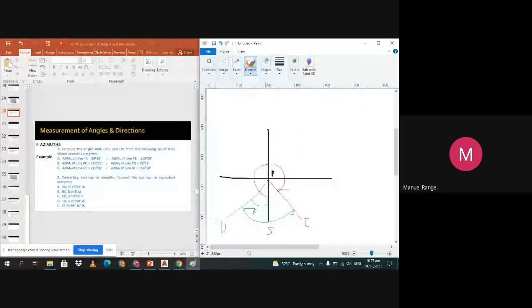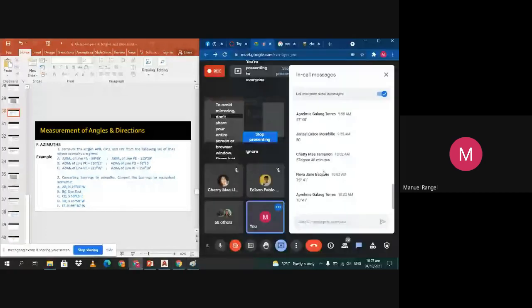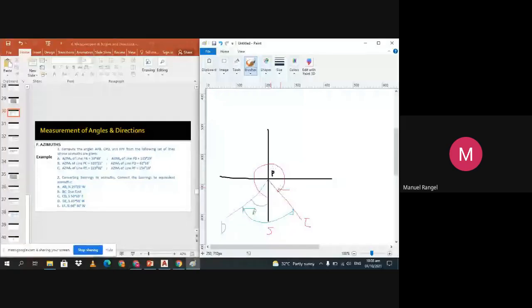So let's check if someone has answered. Not yet. So the answer: to get this angle, we take 360 less 320 degrees 22 minutes, then add the azimuth of line PD.